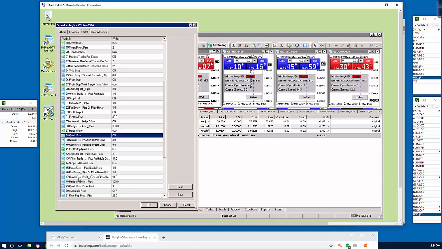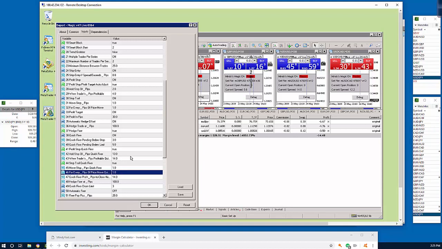But then we're also telling it to close the hedge when the quick fixer is adding its profit stop. So when the quick fixer gets its profit stop, it's closing the hedge because the hedge is no longer necessary. And if the quick fixer continues to get more profitable, it has a trailing stop on it. So it's not going to get less profitable, but it could get more profitable.